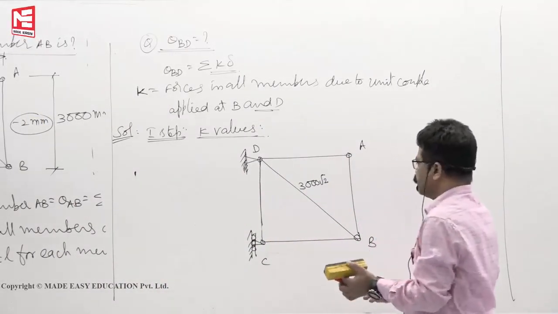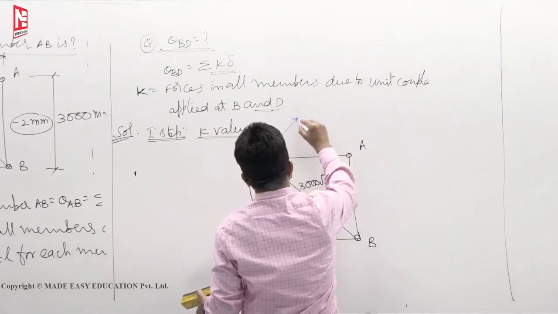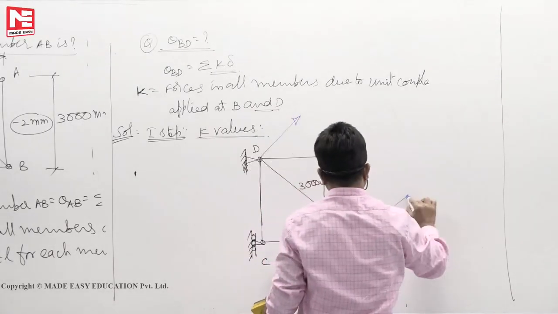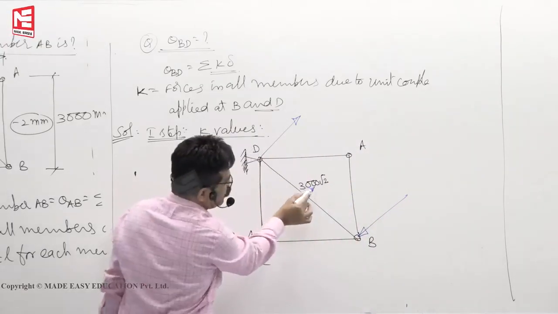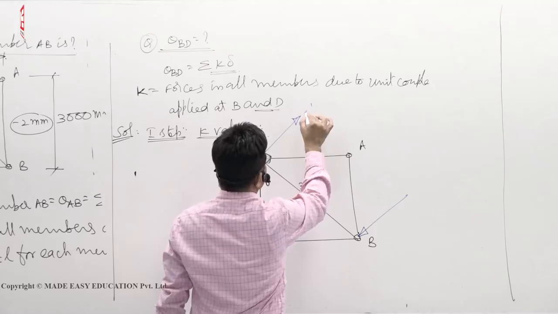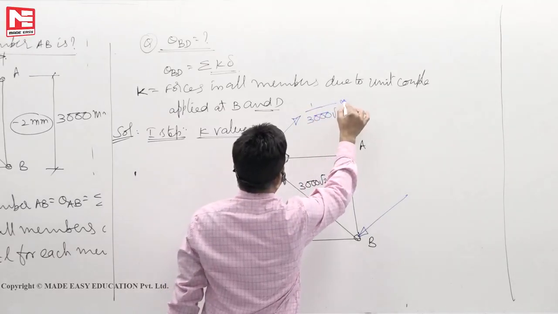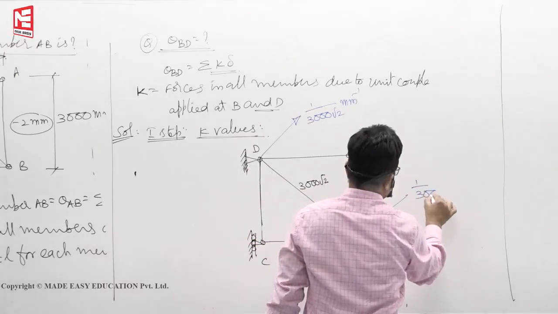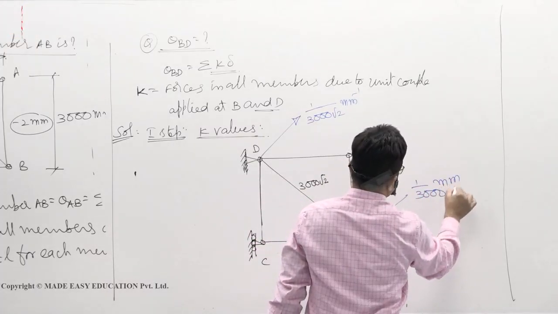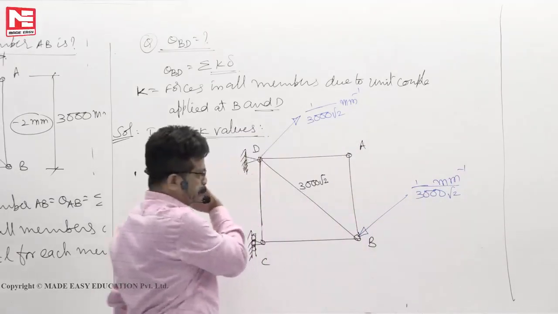Now the unit couple you have to apply here, this value here and here. This is a unit couple. 1 by A, which means 1 by 3000 root 2 mm power minus 1. This is also 1 by 3000 root 2 mm power minus 1.